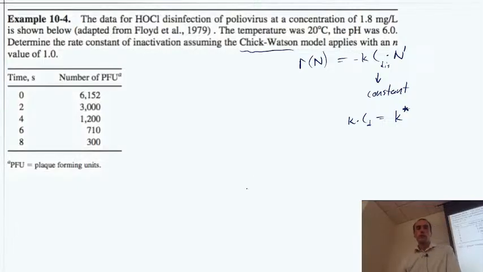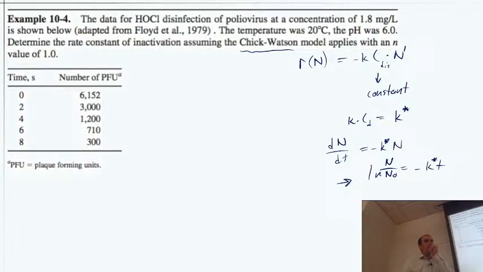So under that circumstance, we could do our first order kinetic analysis, and in a batch system, we would know that we'll get dn dt, and we do the integration, so this would be negative K star times n, ultimately achieving natural log of n over n naught equal to negative K star t. So everything we've already seen that.